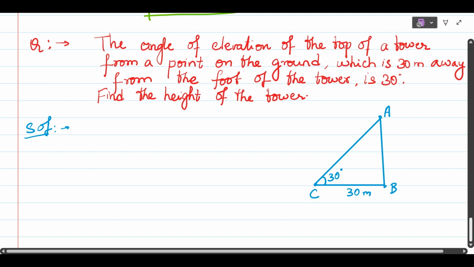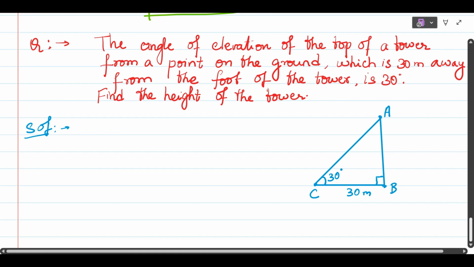So at point B we will have a right angle. The point C is 30 meters away from the foot of the tower, point B, so BC distance is 30 meters. This angle of elevation at point C is 30 degrees. They are asking us to find the height of the tower.